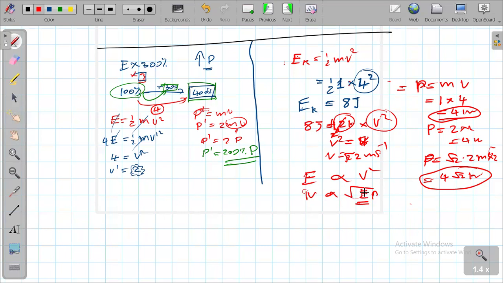Understand? Root එකකින් තමයි වැඩි වෙන්නේ. So, but here it affected directly by the velocity. If you double the kinetic energy by changing the velocity, you have to change the velocity by only a root 2 factor. But the mass, if you are changing it by mass, it directly affects. Understand?